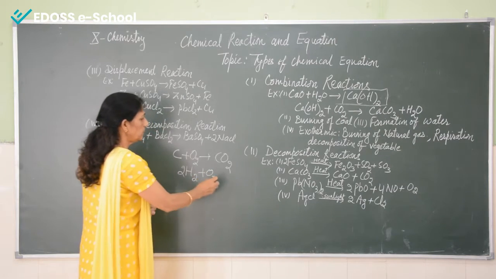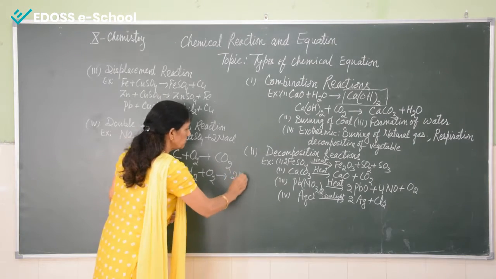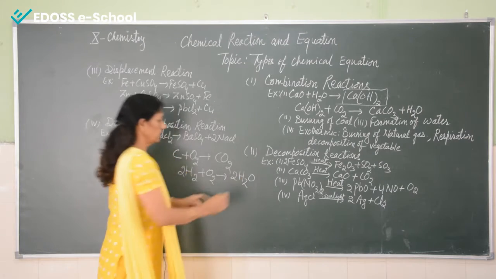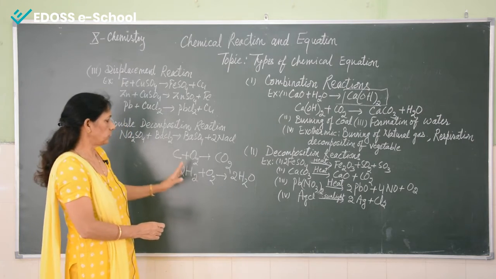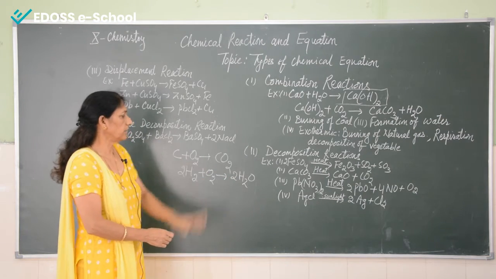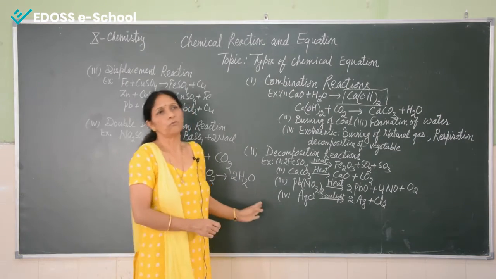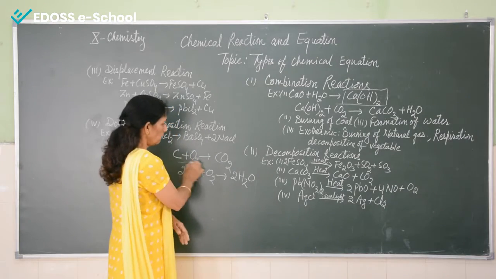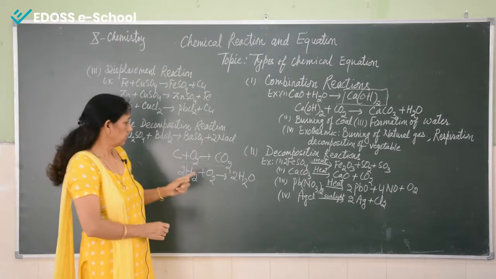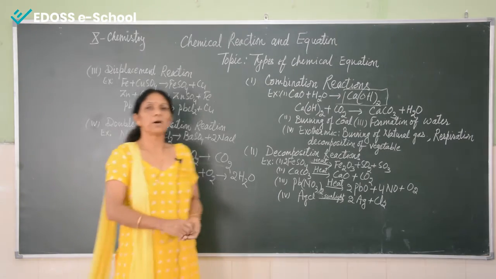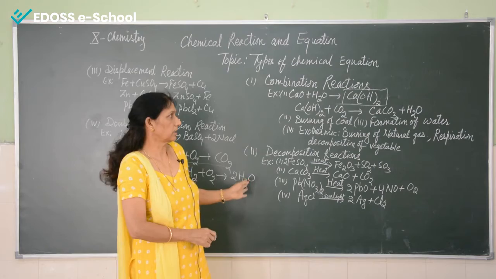When they combine, they give us a simple water molecule. 2H2 plus O2 gives two molecules of water. So this is also combination. Reactants are combining and giving a single product.